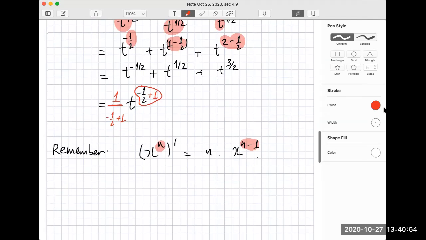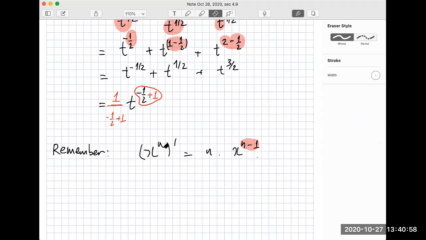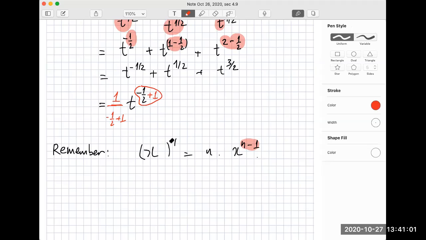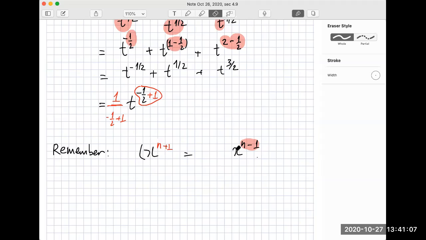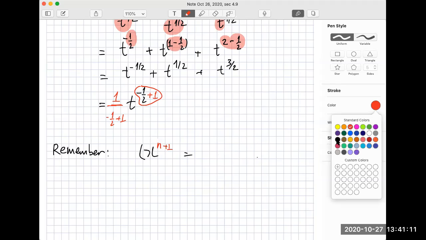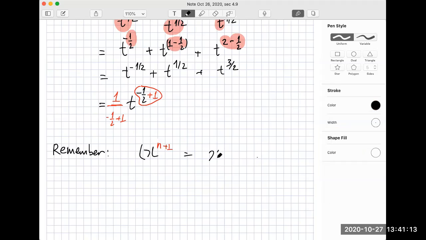Or before doing that, let us write it this way. If here, let us write x to the n plus 1. Then here, it will be n plus 1 times x to the n, right?